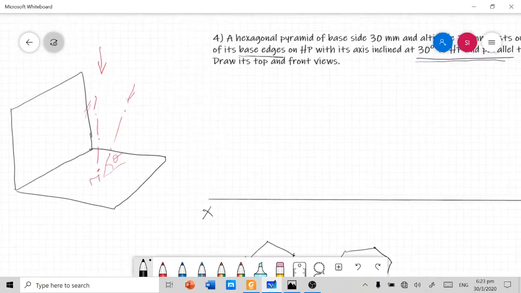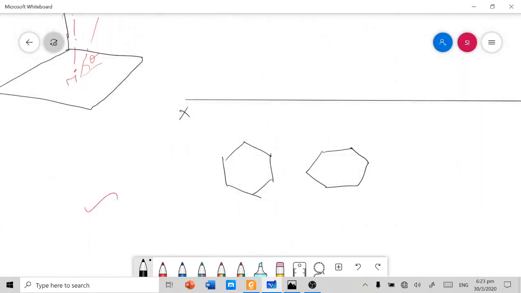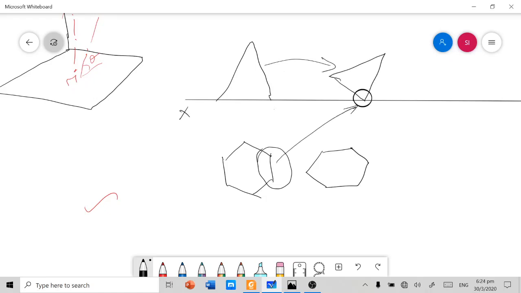Here the solid is going to rest on HP with one of its base edges. So you need to advance a base edge on the right side in order to facilitate the lateral view. When you tilt it, then automatically one base edge will come and rest on the HP.